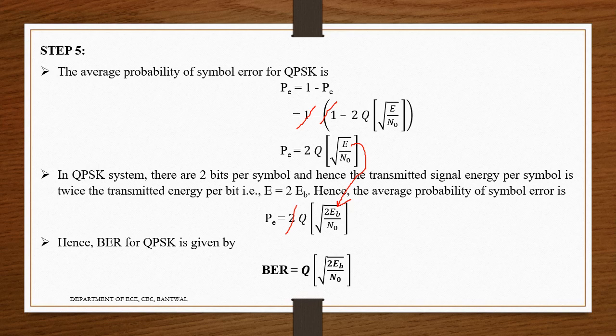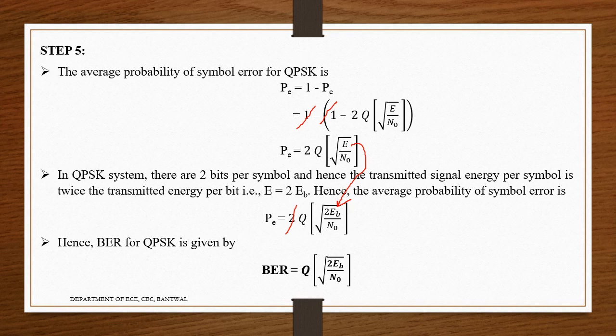Then again we go for the probability of error. We consider the equation for symbol S4, that is square root of E by 2 plus square root of E by 2. We can't find the error by a direct method because of the two conditions. We find it for x1, and similarly for x2.